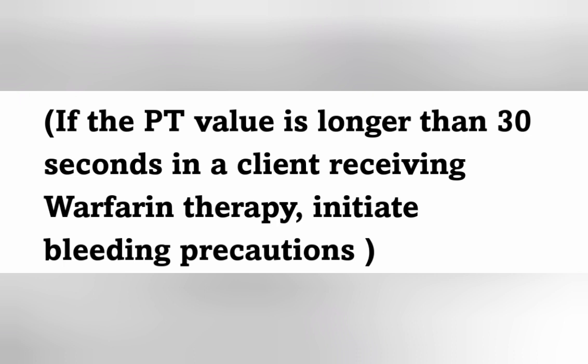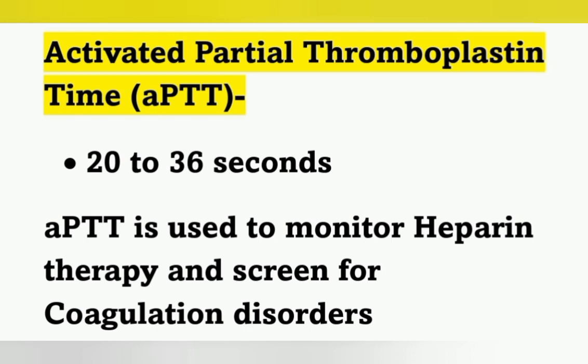If the prothrombin value is longer than 30 seconds in a client receiving warfarin therapy, then initiate bleeding precautions. Warfarin is an anticoagulant. The normal activated partial thromboplastin time is 20 to 36 seconds.